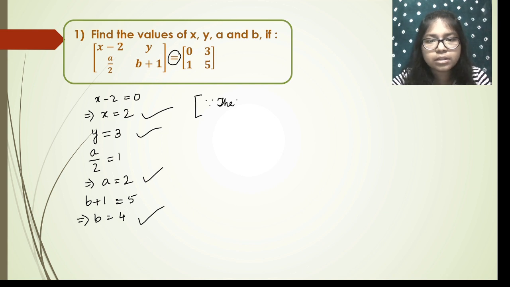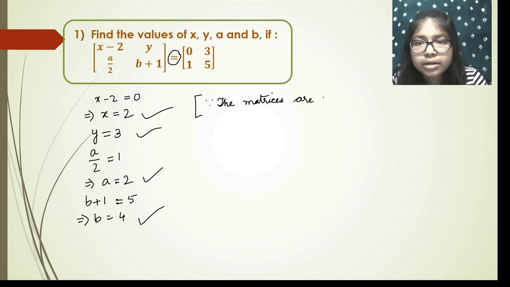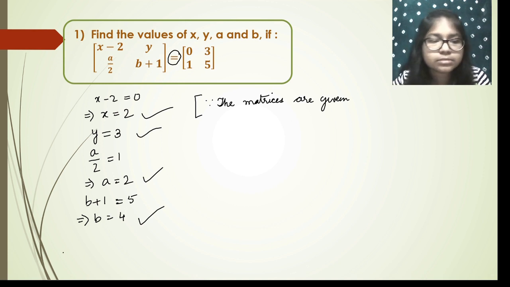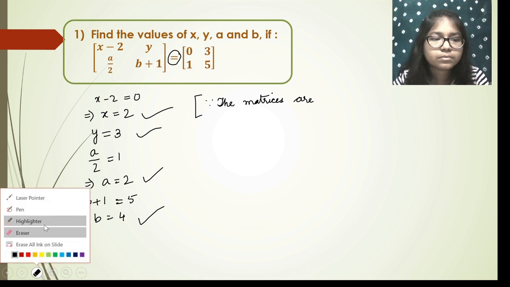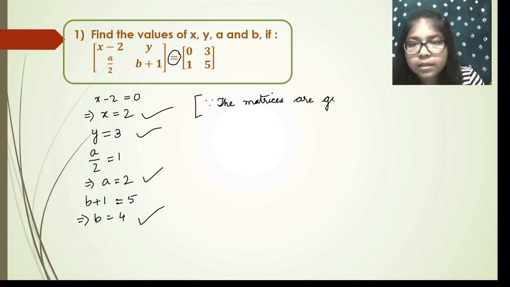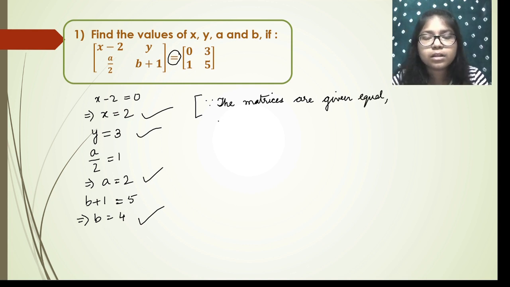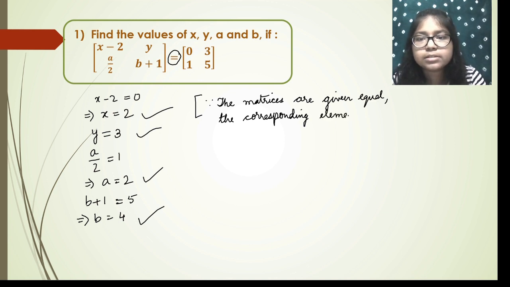Since the matrices given are equal, the corresponding elements should also be equal.